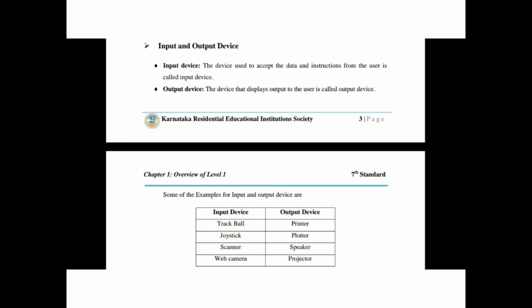Remember once again and recap once again. Input devices: trackball, joystick, scanner, web camera. Output devices: printer, plotter, speaker, and projector.